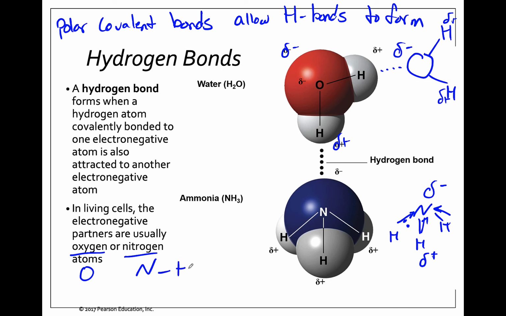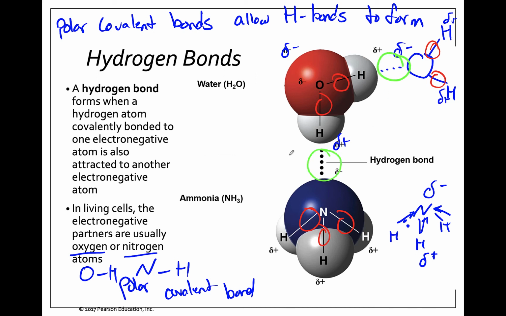So if you see those bonded to hydrogen, you should be aware that that is a polar covalent bond. So here, here, here, here, here, here, here, those are all polar covalent bonds inside of a molecule. This and this are the hydrogen bonds.